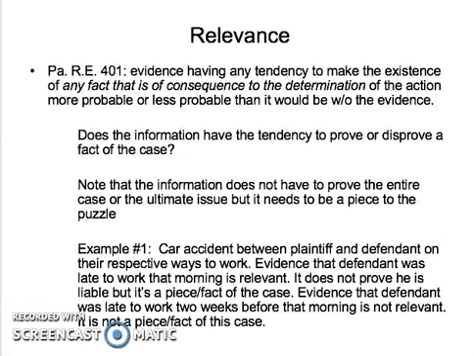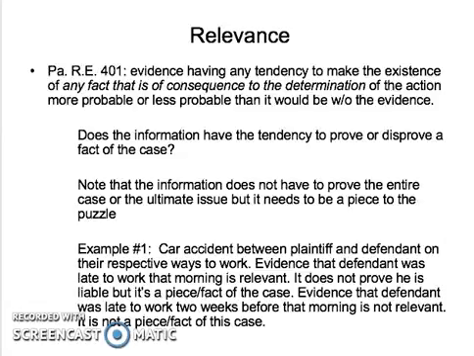There's going to be types of information that clearly seems relevant, but there's going to be a gray area in the middle where you could actually have a good faith dispute about whether or not information is relevant. And so again, it's just proving a fact of the case, not the ultimate decision of the case.